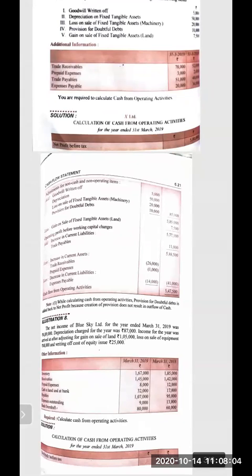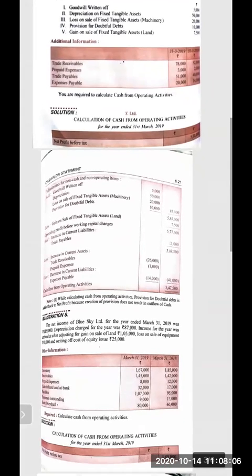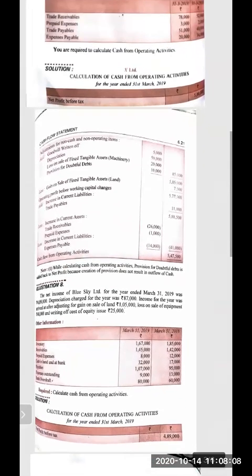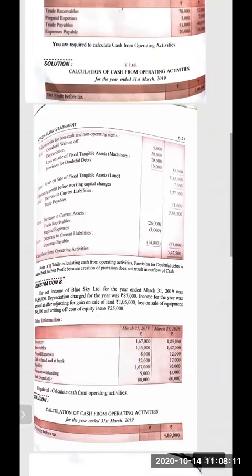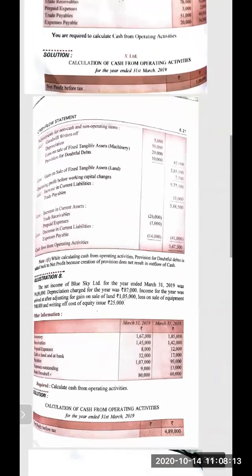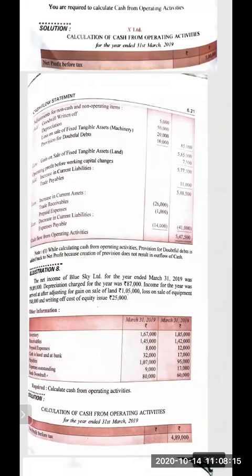Please don't forget, we got this operating profit which does not include the treatment of working capital changes. It includes the treatment of the non-cash and non-operating items till this time. So now we have to give the treatment to the current assets and current liabilities: add increase in current liability, less increase in current assets, less decrease in current liability.